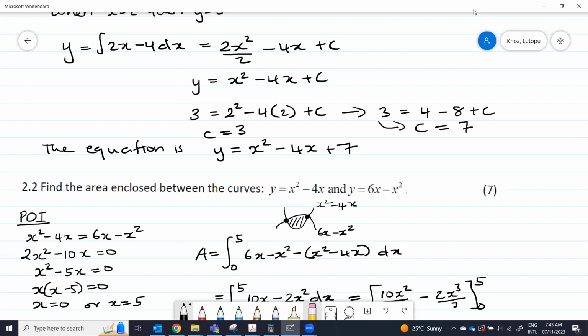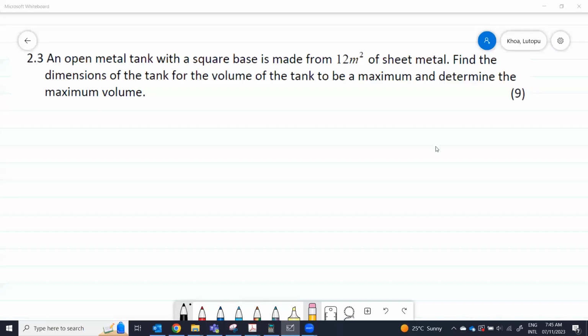Okay, our next question. An open metal tank with a square base is made from 12 meters squared of sheet metal. Find the dimensions of the tank for the volume of the tank to be maximum and determine its maximum volume. So with this, you should always try and draw a sketch so you understand what is given.